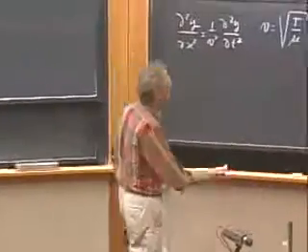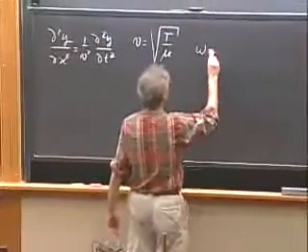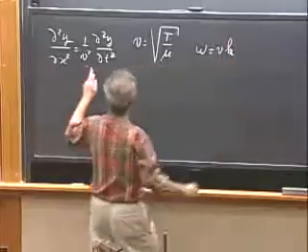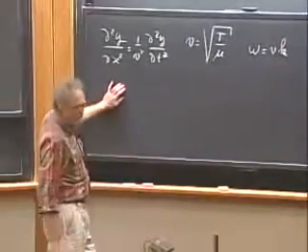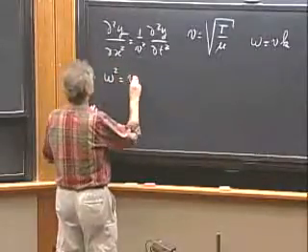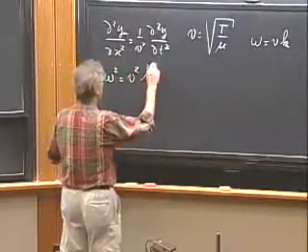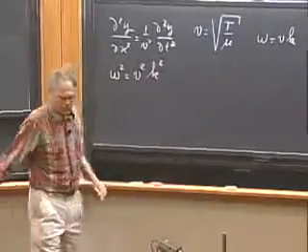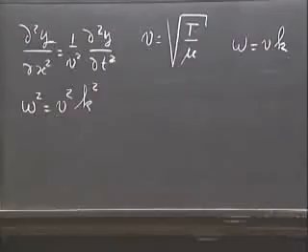So that gave us that omega was vk, that came out of this wave equation. And so we found that omega squared is v squared times k squared. That is the result of the calculation when the tension is exclusively responsible for the restoring force, and you get a non-dispersive medium.